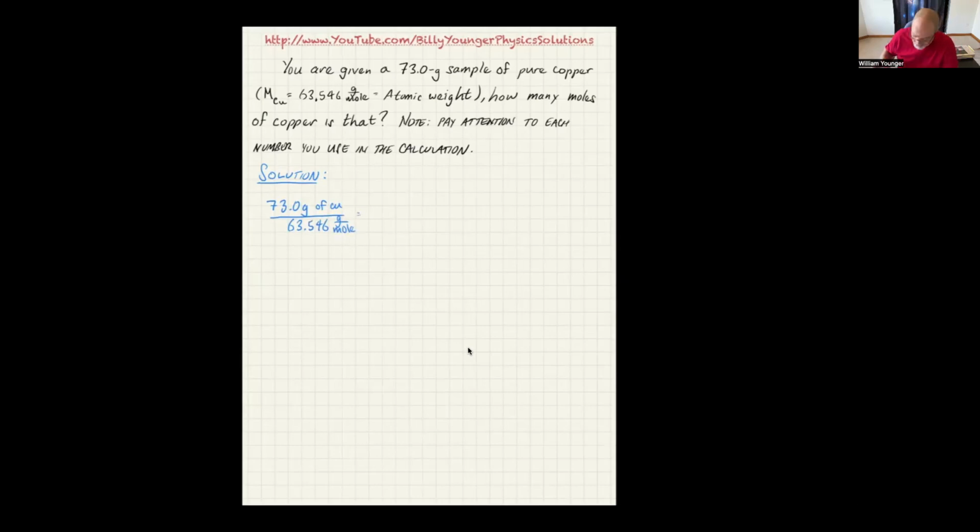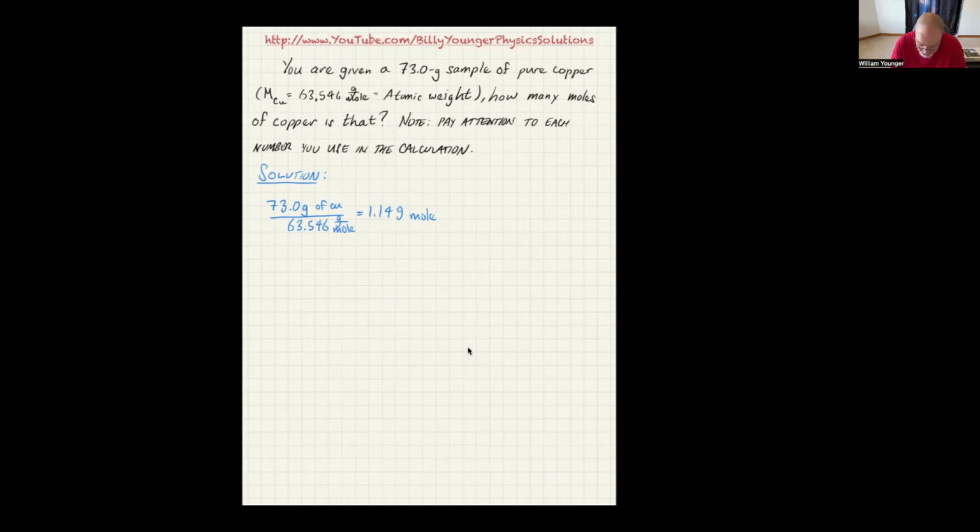So what I'm going to do is take 73.0 and divide it by 63.546, and what we get is 1.1, and I'll go ahead and carry an extra sig fig. That's 4.8. Actually, I should call that 4.9 moles.